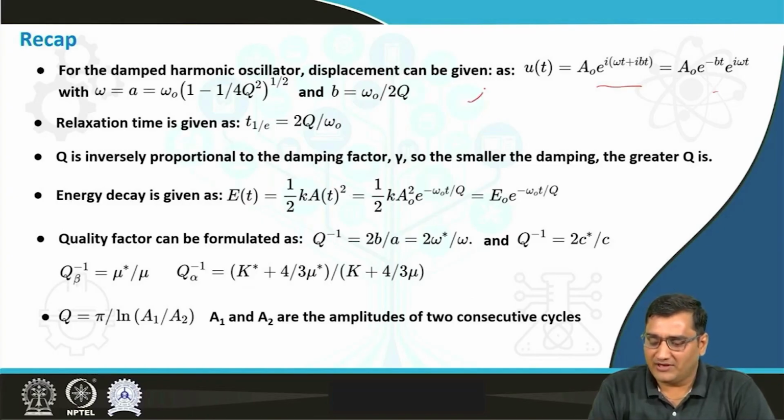So p that was given in the previous lecture was equal to a plus iota b.